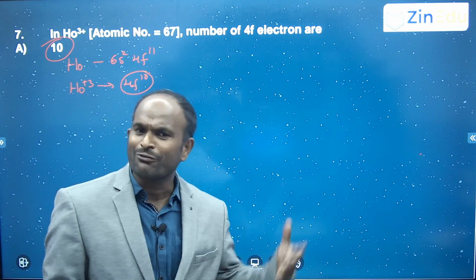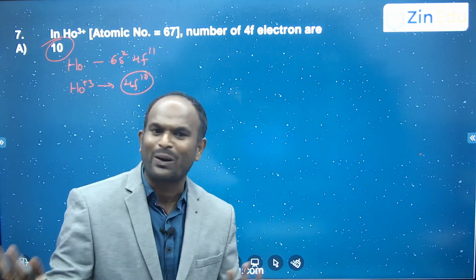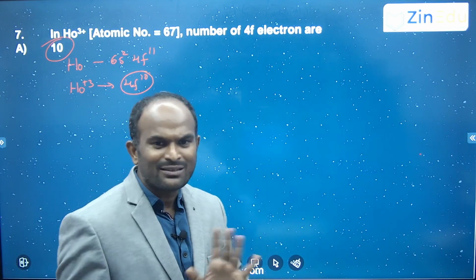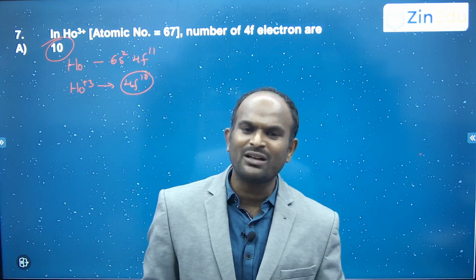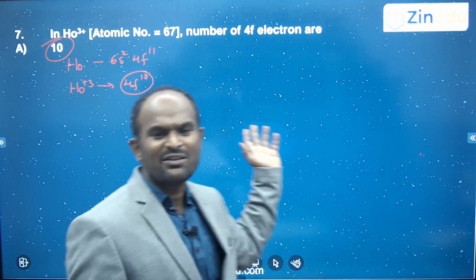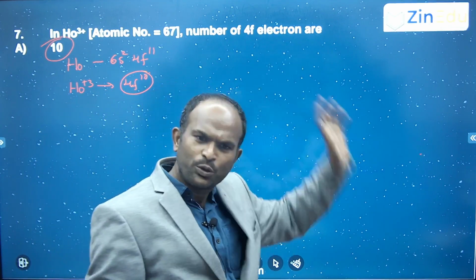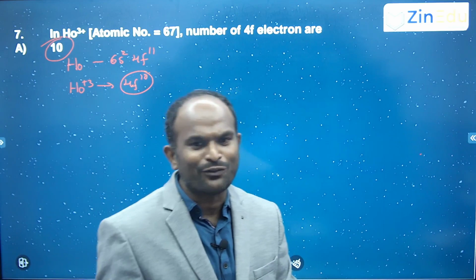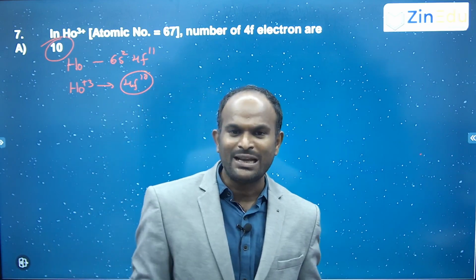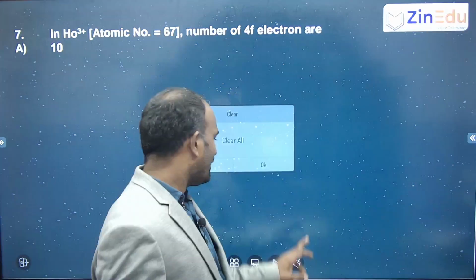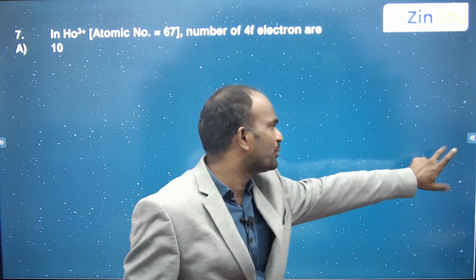From there you can come down, it is going to be quite easier. That is the only tip I can give you. So 71 could be 67, here they have given 71, we know 6s2 4f14. From there you can come down, therefore you can write the electronic configuration quite easily, right?